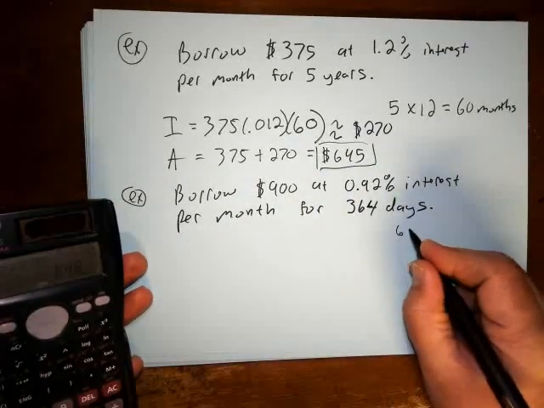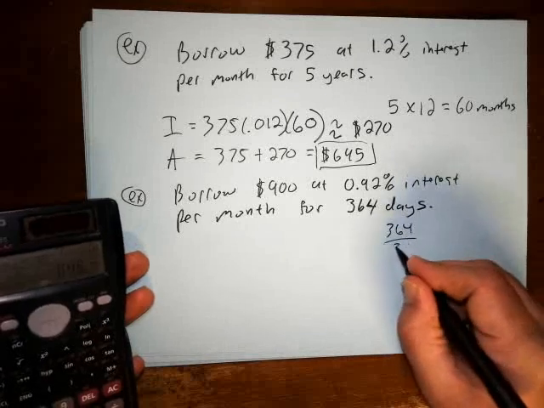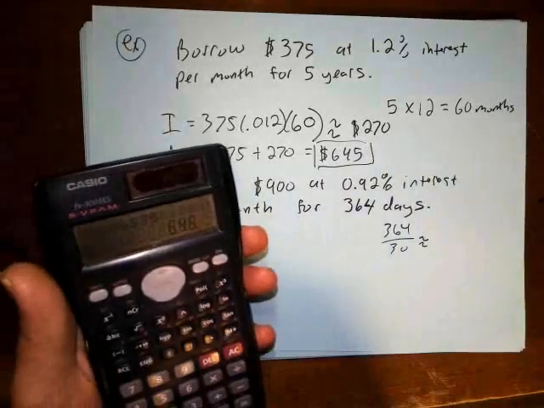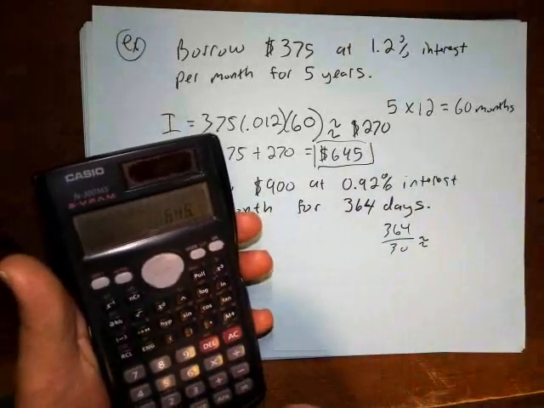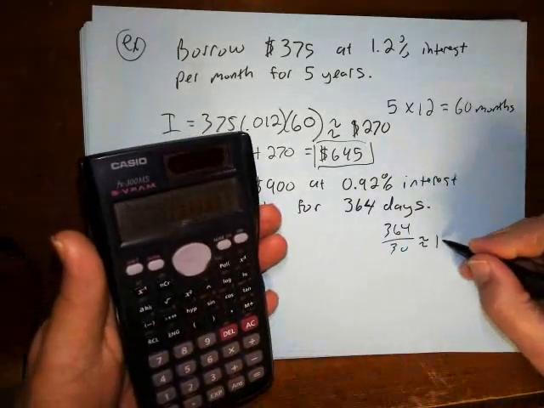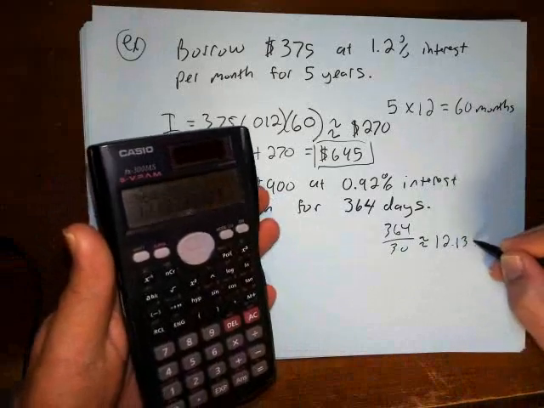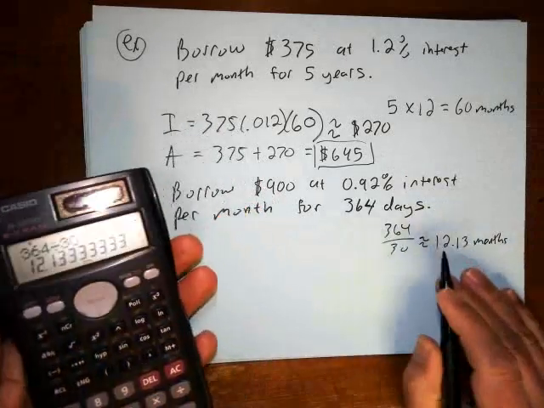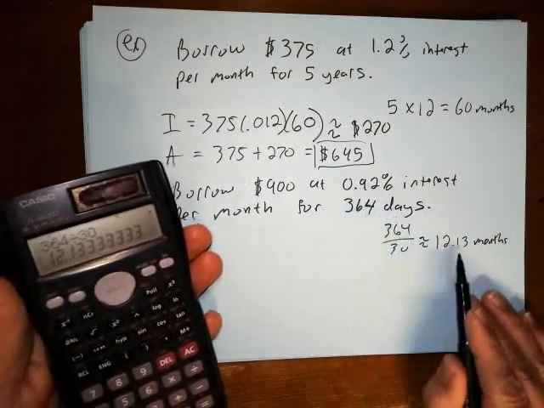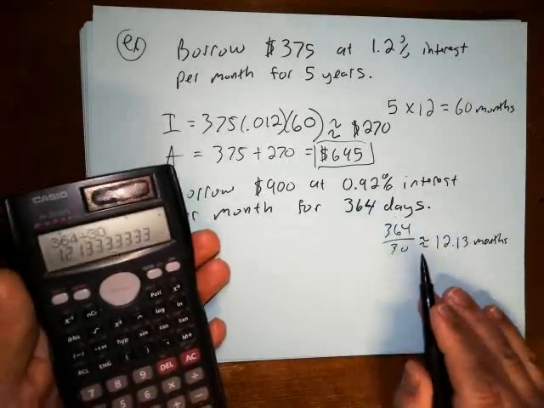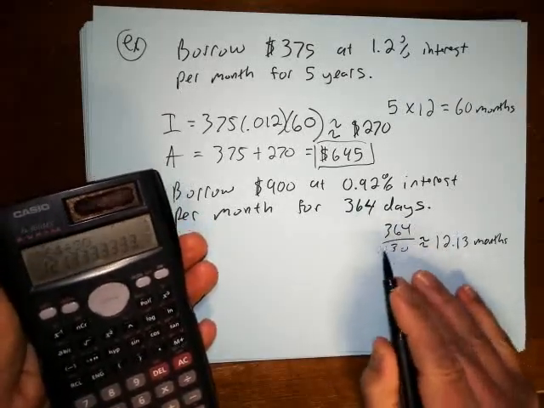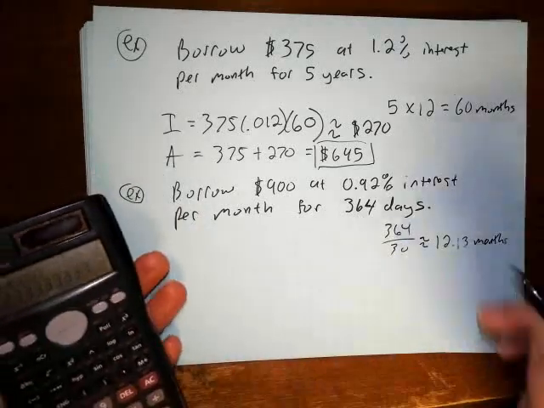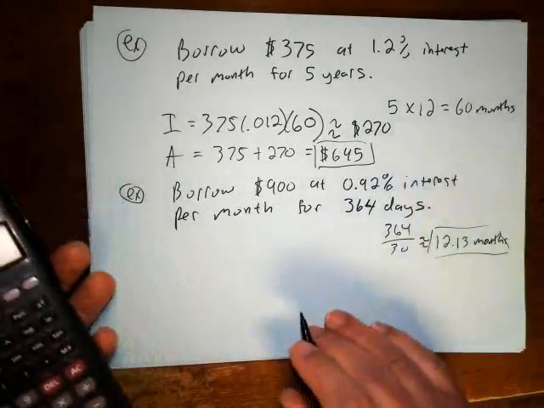So maybe I can write it like this: 364 days divided by 30. This is like 12.13 months. That's a little more than a year. That's the banker's rule, because in the banker's rule, a year is 360 days, not 365 days.